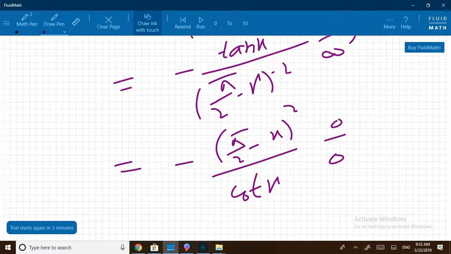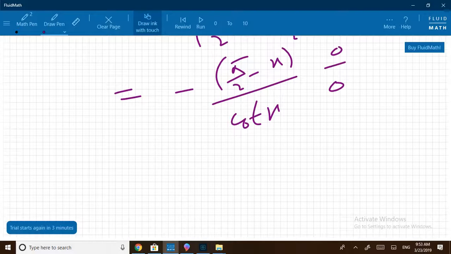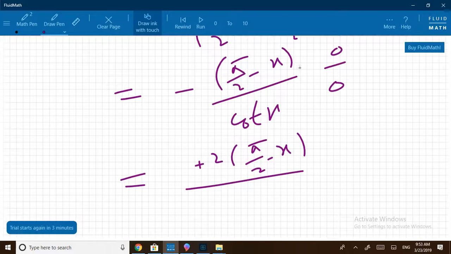Okay, so this means we apply the L'Hospital rule. After applying the L'Hospital rule, minus 2 into (pi by 2 minus x), and the derivative of tan x is secant square x.